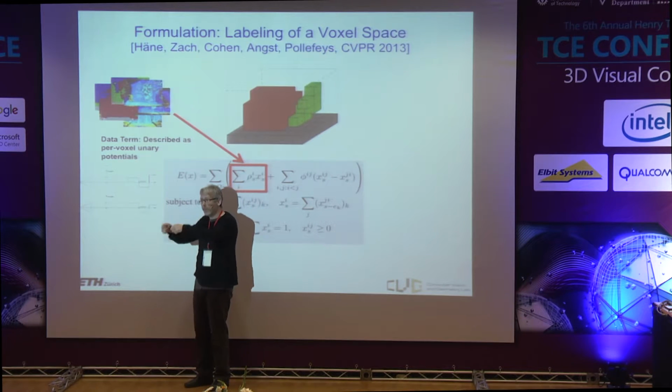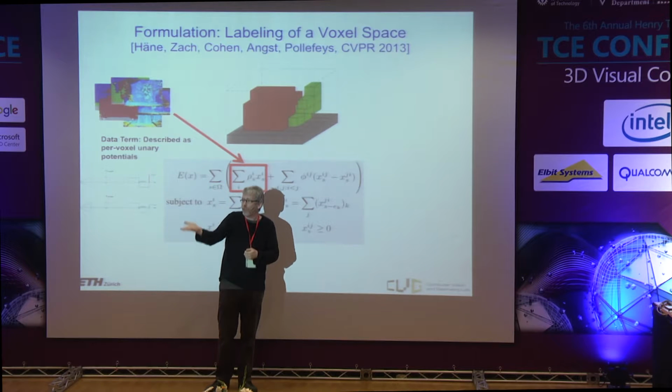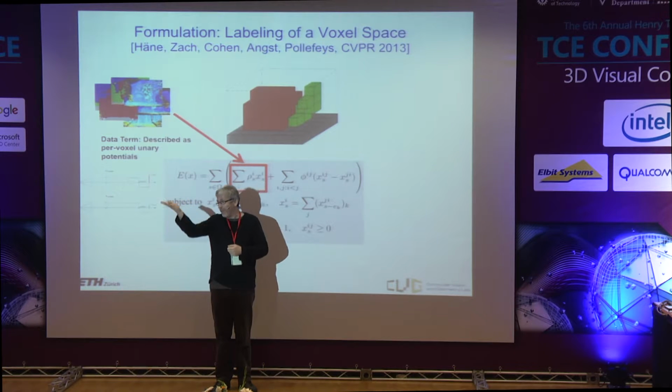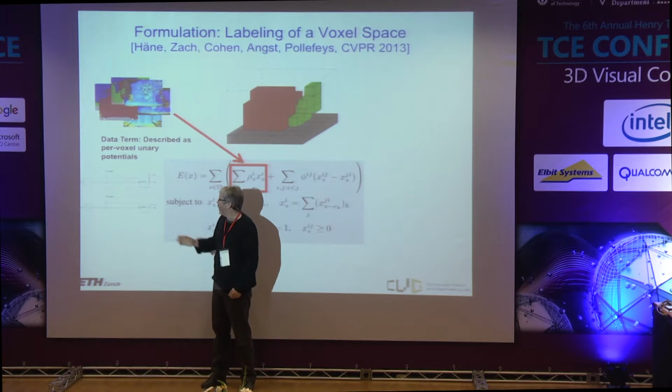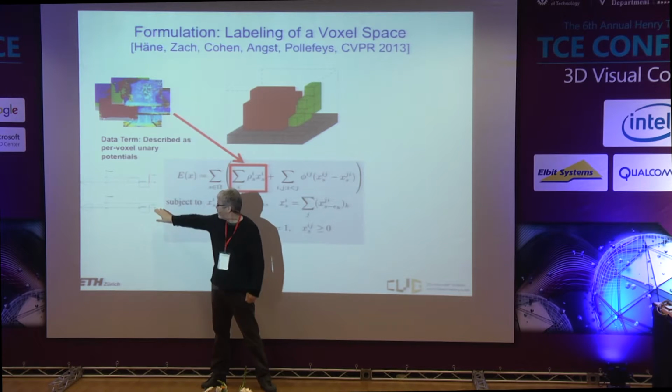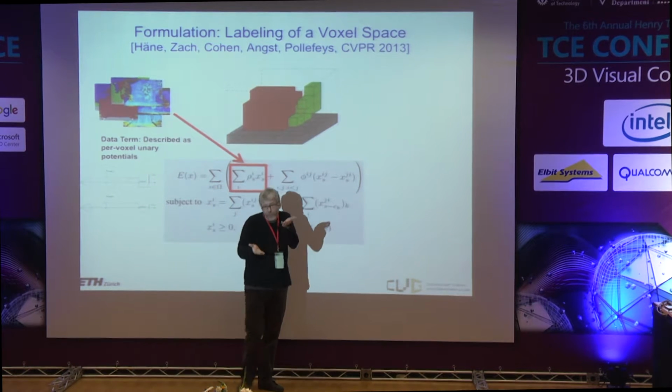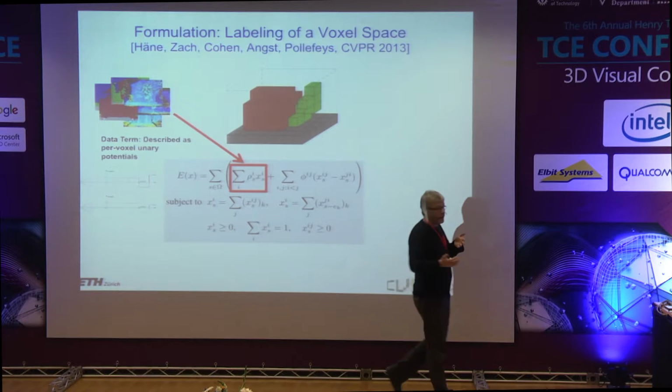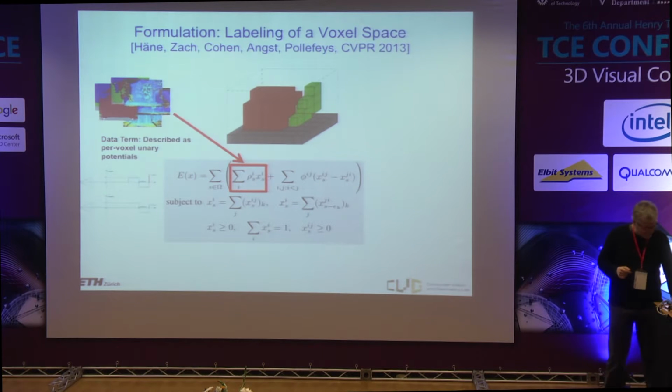Okay, and this way we can, in the volume, put a preference to rather switch on building or rather switch on vegetation. And in this case, the vegetation is the cheaper option, so this is the one that will normally win out, at least if the rest of the data agrees with it. So that's the unary term.